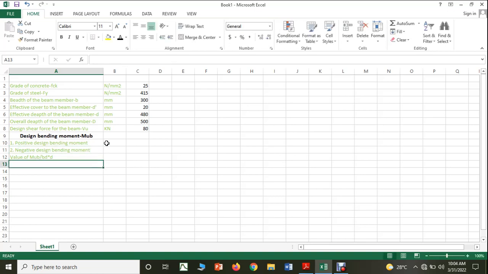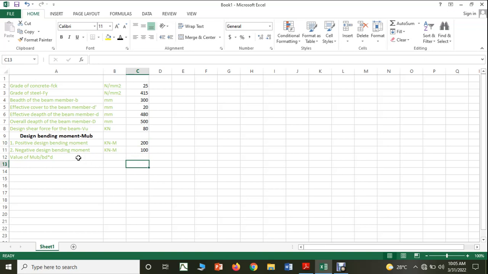So these are the two values. Both will be in kilonewton meter only, so no issues, but only the value is going to change. For example, I'm taking the positive as 200 and the negative as 100, just for the sake of example.